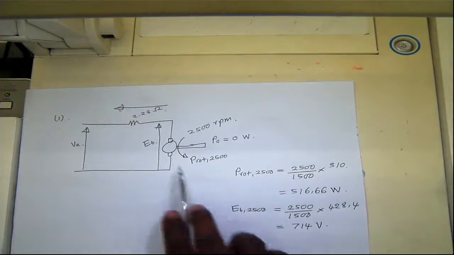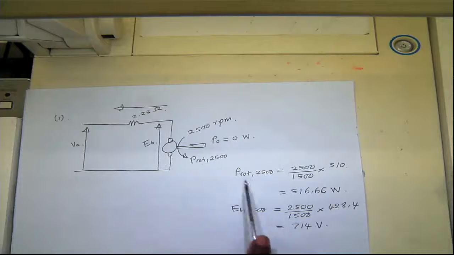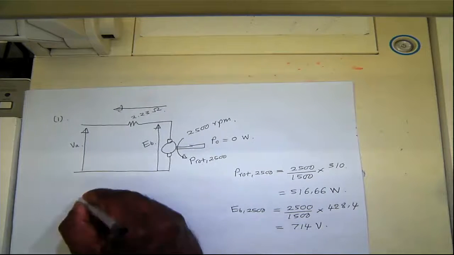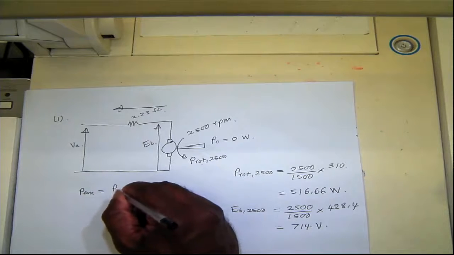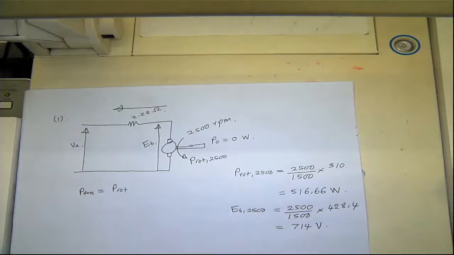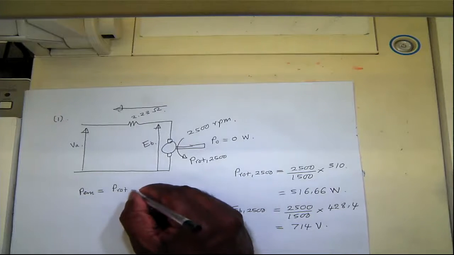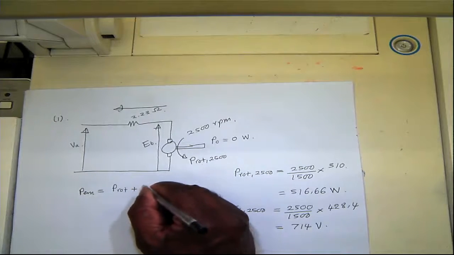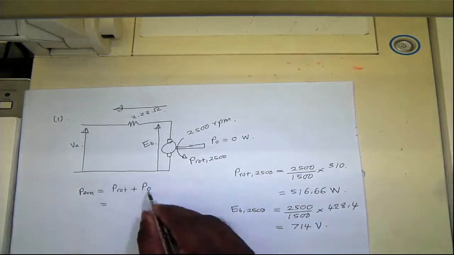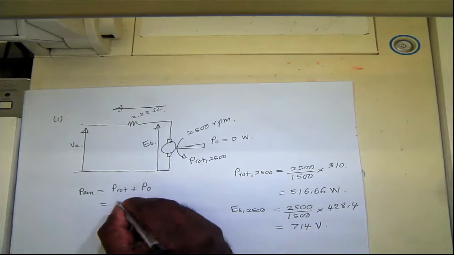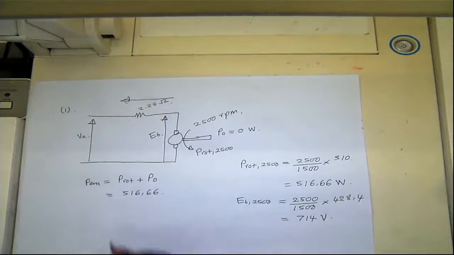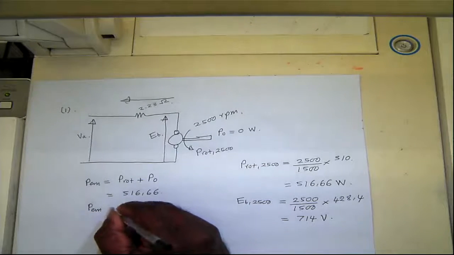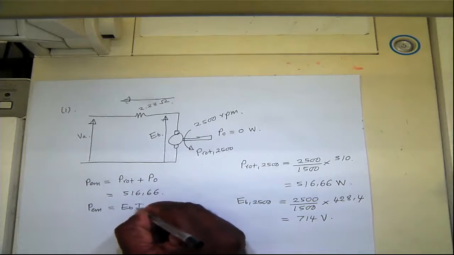The current to achieve this PEM: PEM is equal to the rotational losses, since the output is 0, so it is 516.66. Then PEM equals EB times IA.